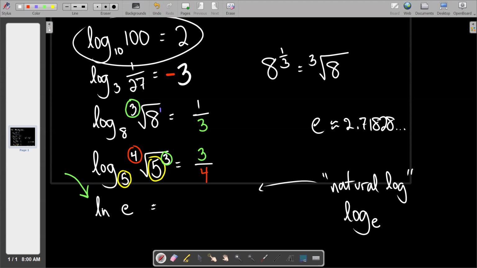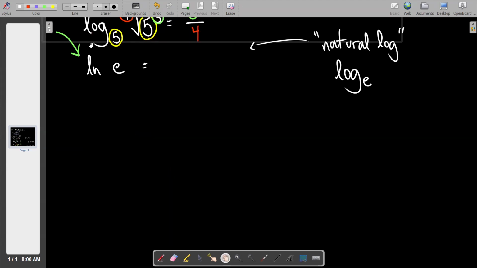So, and this would help with your understanding, if you were to take this problem that I'm circling right here, until you learn this a little better, you're well within your rights to just rewrite it like this. Log base E of E. These two things, I'm going to put yellow boxes around them.